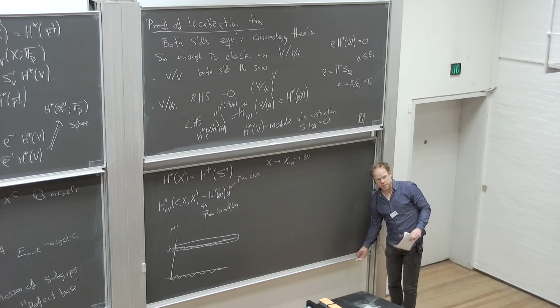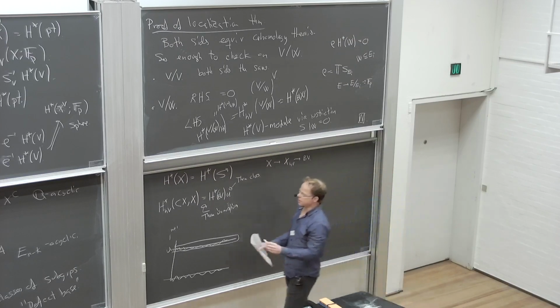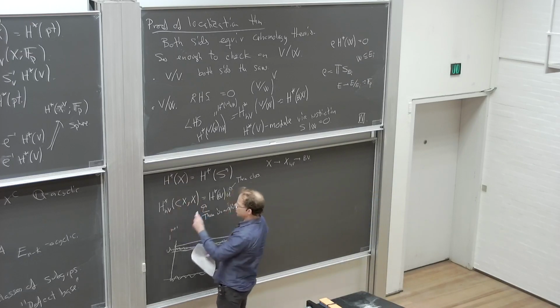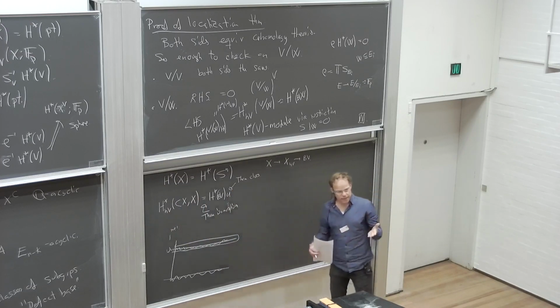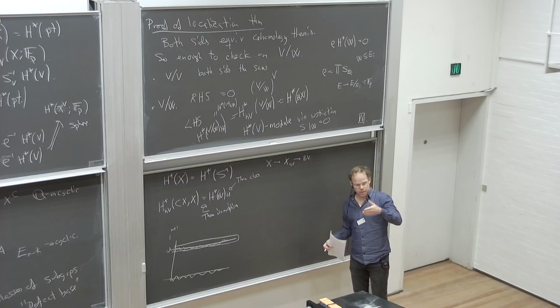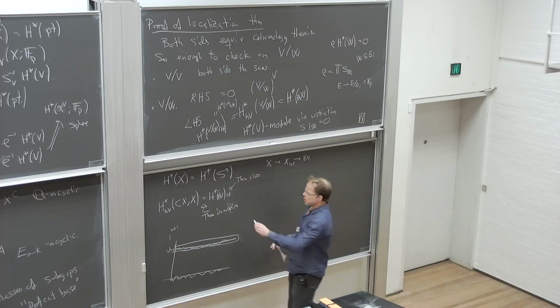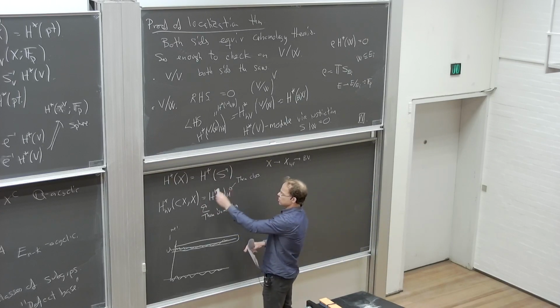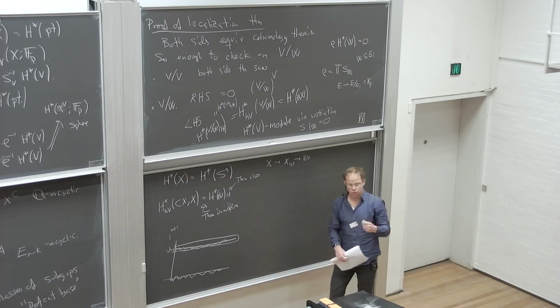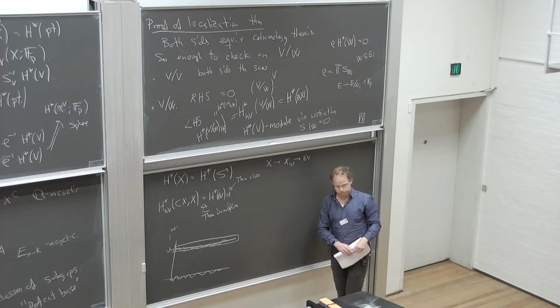So in some sense, what we get from a group action on something which has the homology of a sphere is a one-dimensional module over H star V.